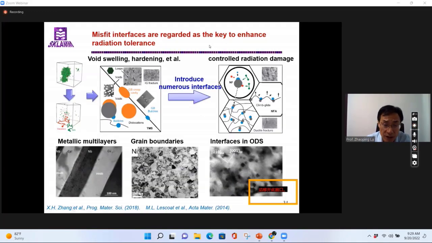Misfit interfaces are regarded as the key to enhance radiation tolerance. By introducing numerous misfit interfaces inside the material, the defects generated by irradiation will be sunk or trapped by these misfit interfaces, giving rise to higher radiation tolerance.